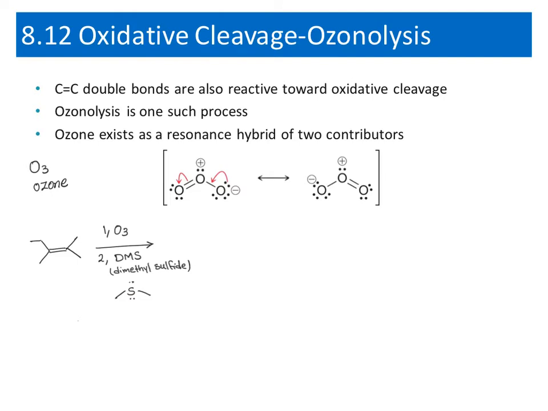Now during this process, what's happening? We are breaking the double bond, and we are adding a carbonyl group on both sides. So after breaking the double bond, the double bond is broken right here.